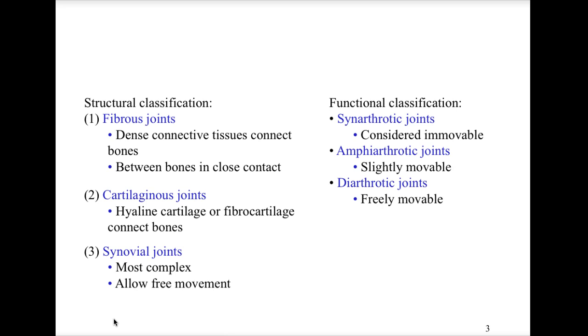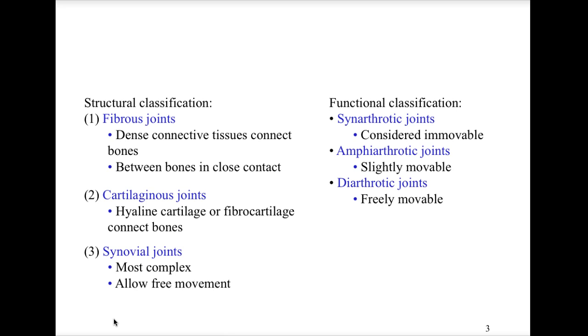Then you also have classification of joints based on their function. As far as function, classification can be determined by the degree of movement of the joint at the bony junction. There are 3 types based on function. They are the synarthrotic or synarthroses.